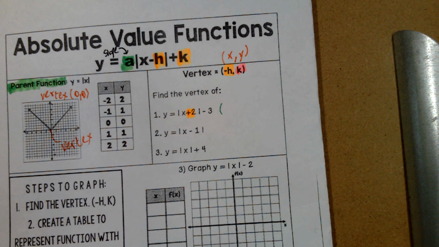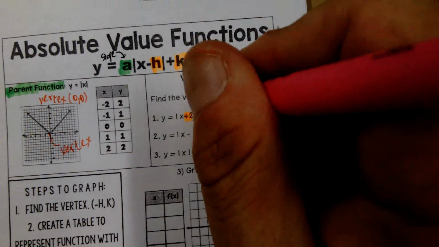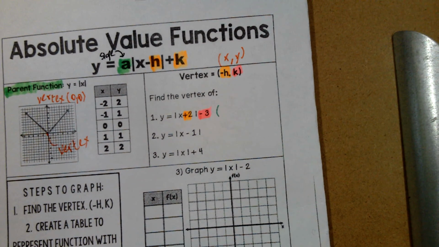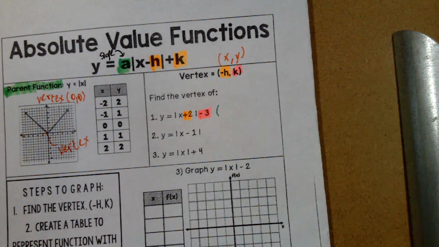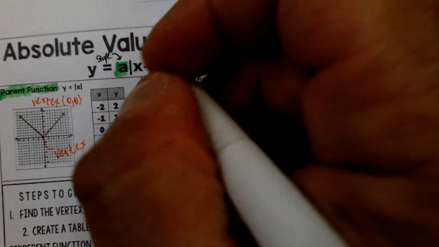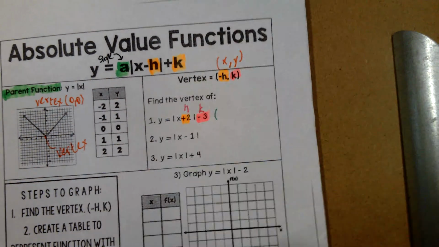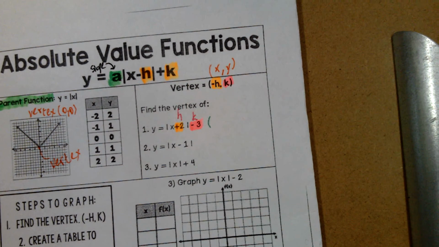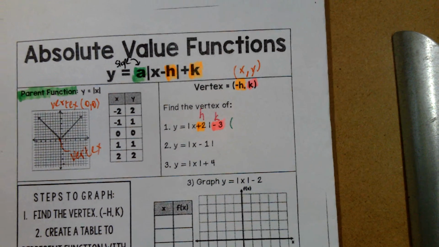And then we have this -3. So this is h and this is k. My h looks more like an n. All right.